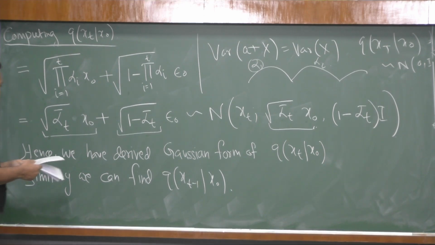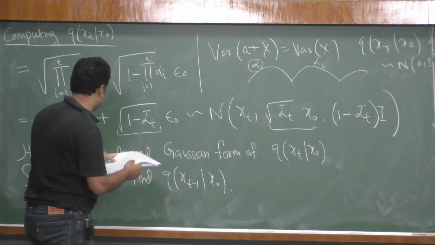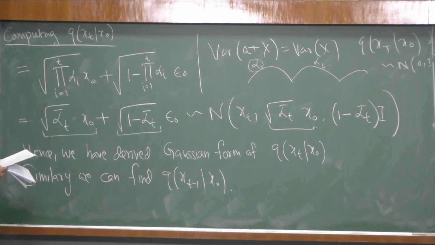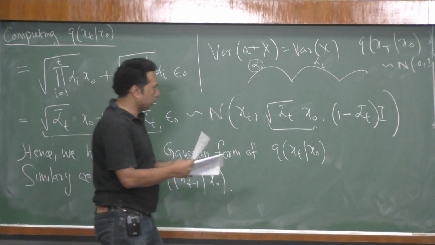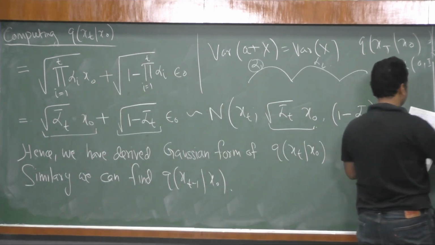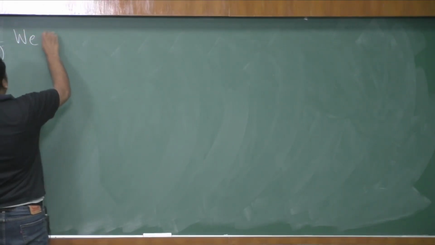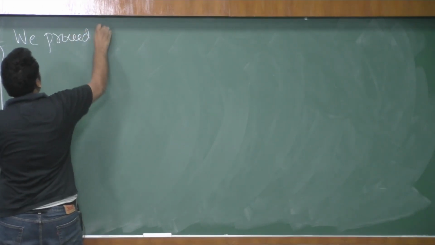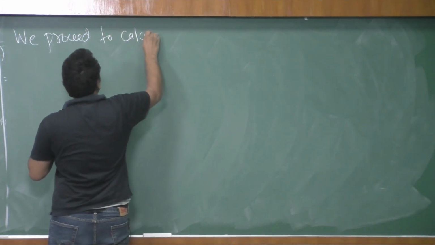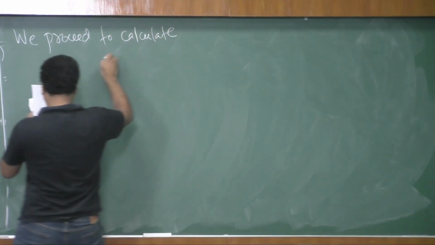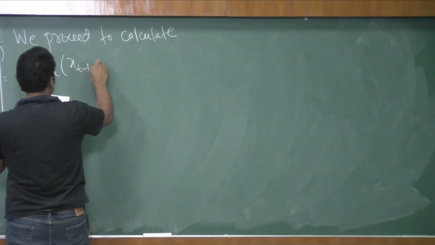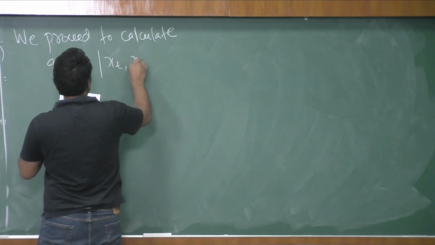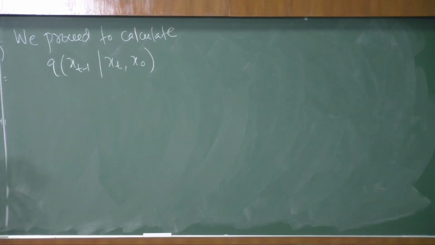Okay, so now let us look into the remaining term of the Bayes theorem, which was q of xt minus 1. So we proceed to calculate q of xt minus 1 given xt, x naught. This was the remaining term in the Bayes rule, if you recall.